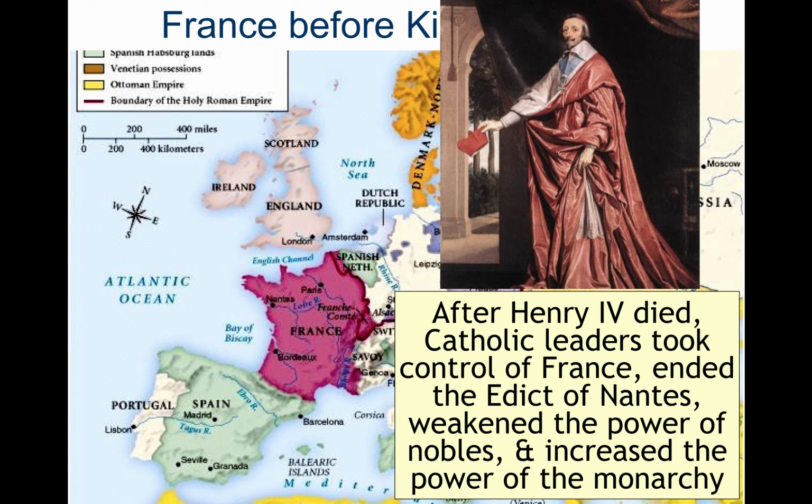So when he dies, his son Louis was too young to take over. So instead, they had this interim period where the Catholic leaders, the cardinals, took over and had control of France. And they decided to increase the power of the monarchy. They're Catholic, so they're going to say the official religion is Catholic. They're supporting the Catholic Church, not the Protestants in France.